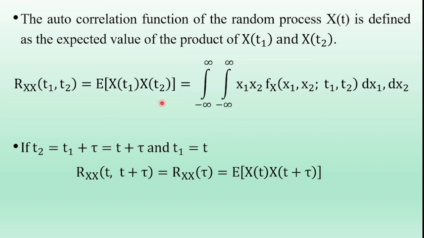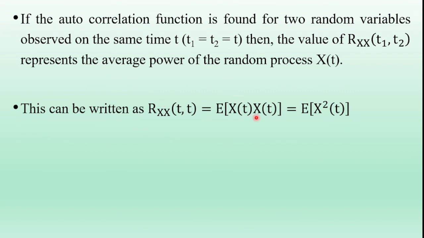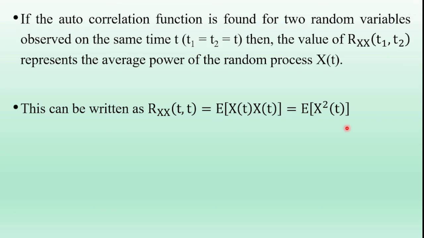We get Rxx of t comma t is equal to the expectation of x square of t. The expectation of x square of t is the average power of the random process. So this is the concept of the autocorrelation function of a random process.